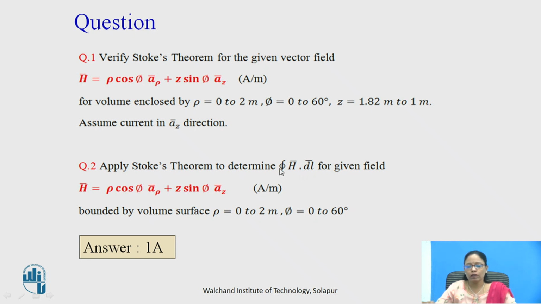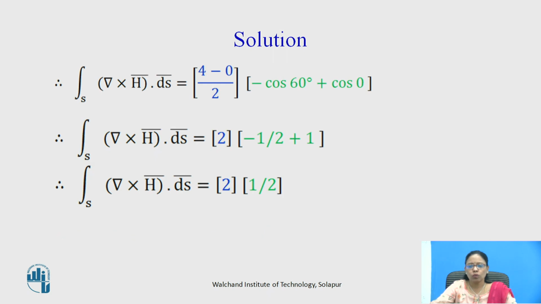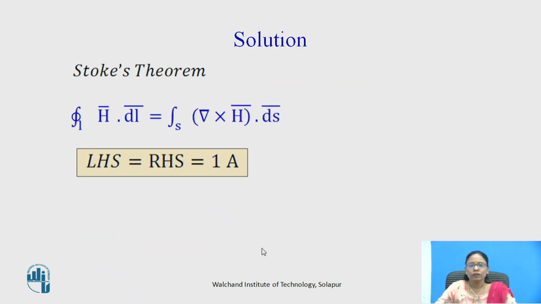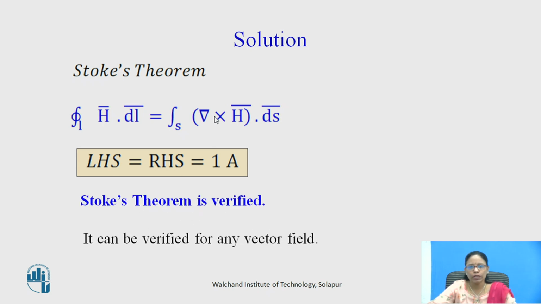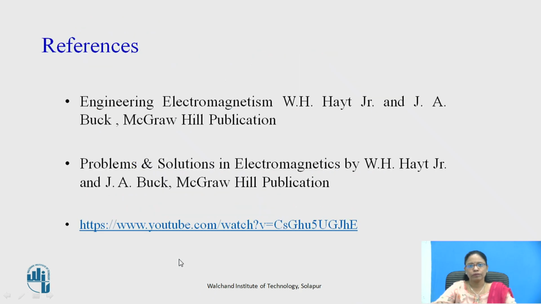I determined curl h bar over the surface, which is 1 ampere, and I can equate this value to the closed integral of h bar dot dl bar. So this video will be the answer for this second part. Finally, for both cases the answer is 1 ampere.